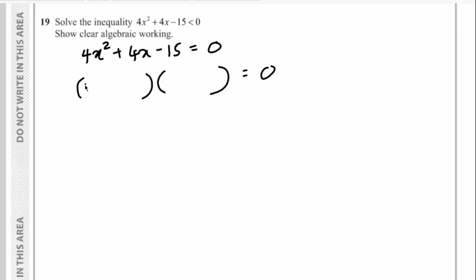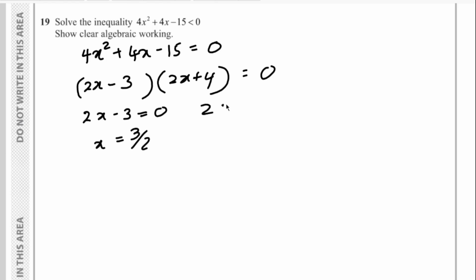Anything is okay. So the factors become 2x minus 3, 2x plus 5. By solving, 2x minus 3 equals 0, then x equals 3 over 2. 2x plus 5 equals 0, then x equals minus 5 over 2. So these are the two critical points.